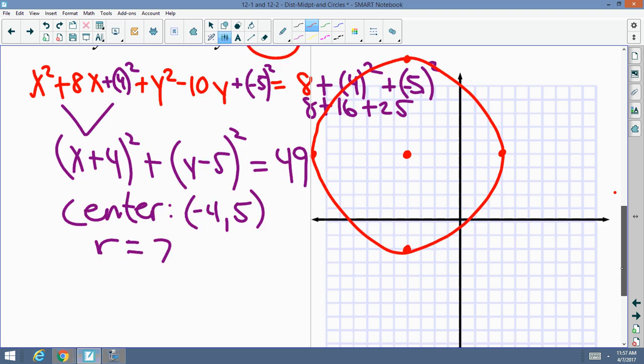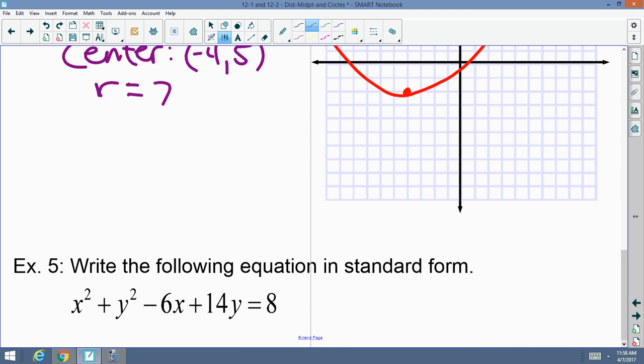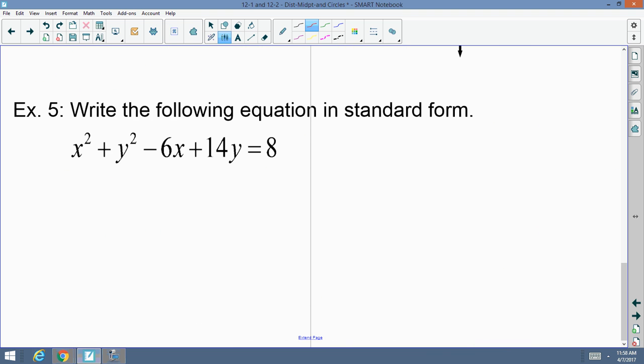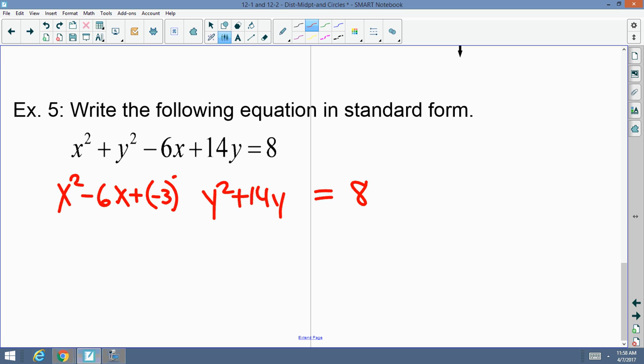Okay. Remember I had told you guys when we were completing the square with quadratics, I said, guys, this is going to come back, so please know it. Well, here it is. All right, this one I'm going to go pretty fast. I'm not going to graph it. I just want to write the equation in standard form. I'm going to collect my x's together. I'm going to collect my y's together. I'm going to make sure my constants are on the right side. Now I'm going to add my b over 2 squared for my x to both sides.